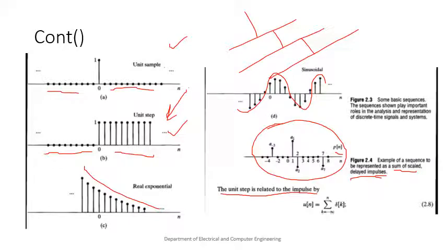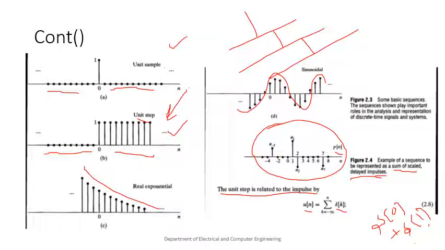So U of n, we can obtain by adding delta of k. If we have delta of 0, we add delta of 1, we add delta of 2, and so on, we can get U of n.